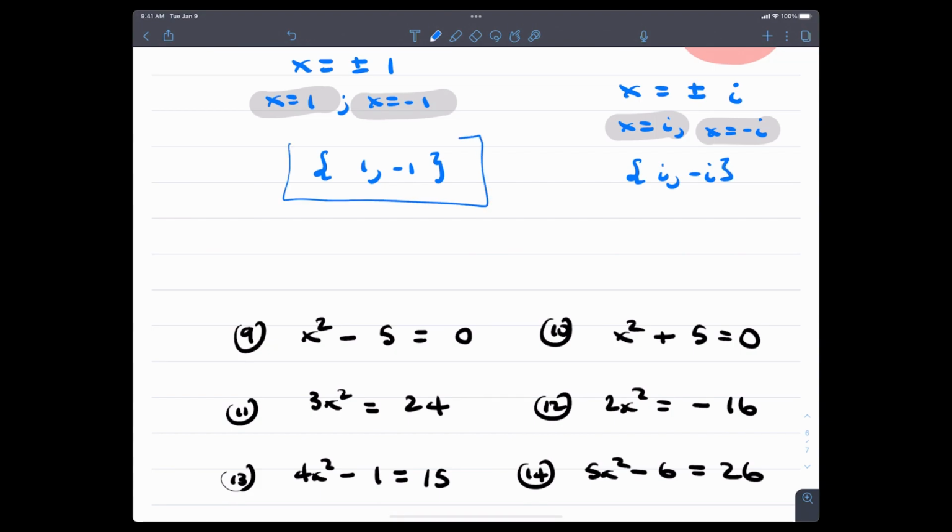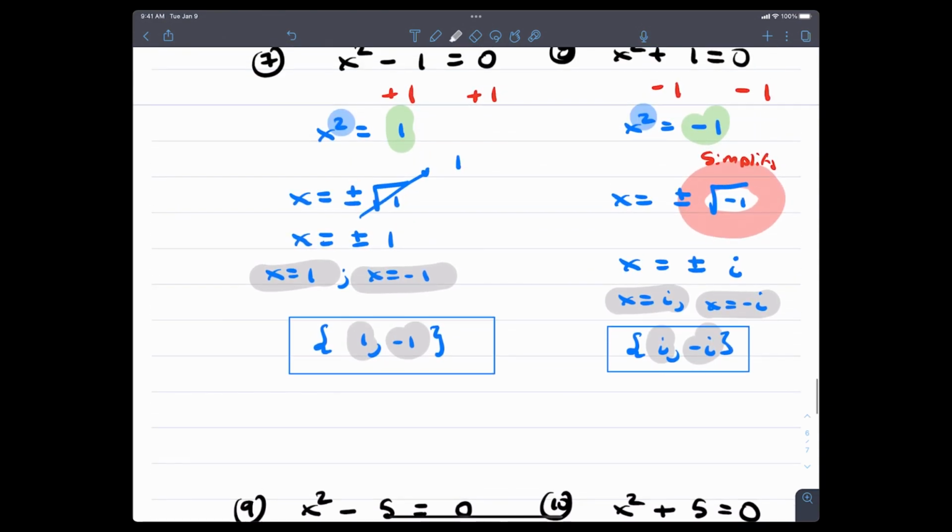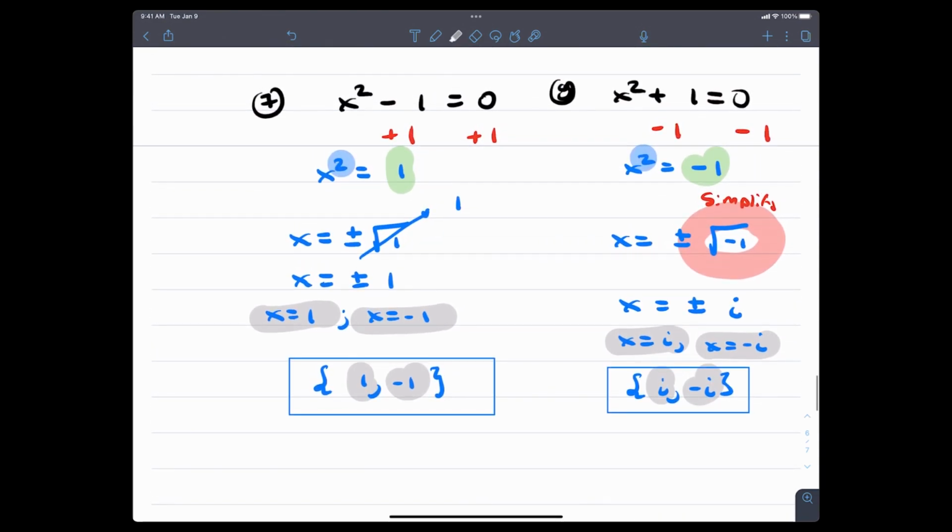Negative i. There you go, ladies and gentlemen. 2 solutions: 1, negative 1, i, negative i. All right, you guys okay with that?